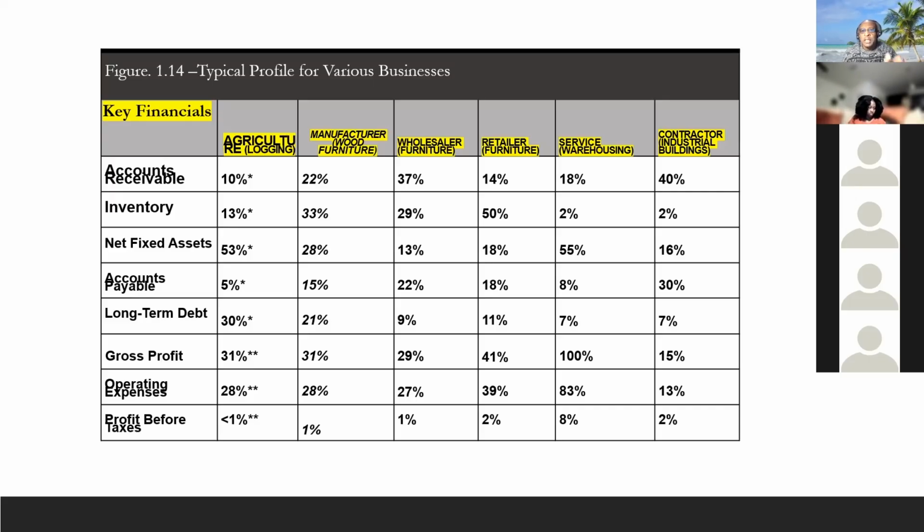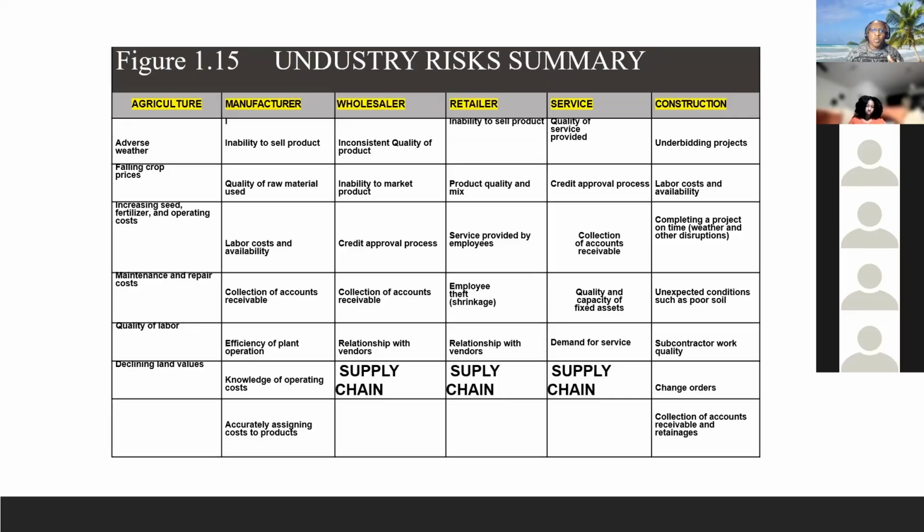So please take your time to go through figure 1.14, because that to me is one of the most important illustrations or diagrams in chapter 1. The other one is the one that shows you the risk profile of the particular industry.